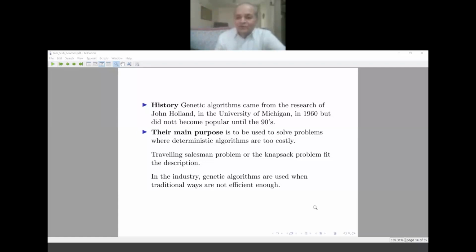Then you will have to use one of the nature-based algorithms, one of them is genetic algorithm. So it does not really fail. It will be a wonder if somebody cites an example where the genetic algorithm fails. Till now, I have not come across any situation where it has failed at the hands of a competent person.